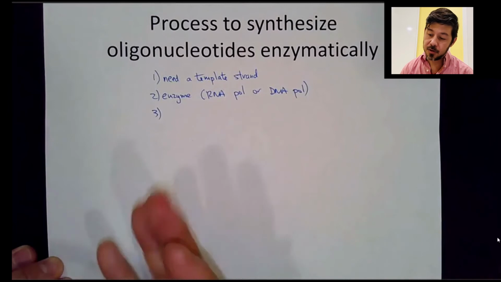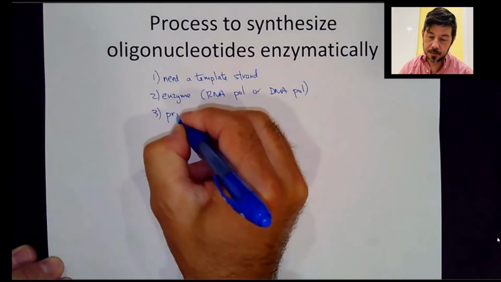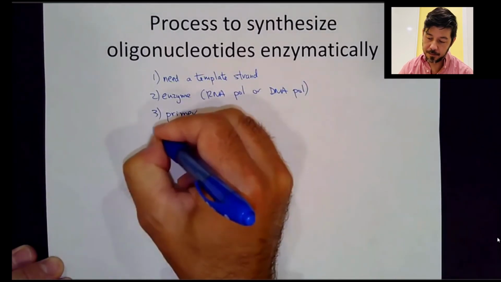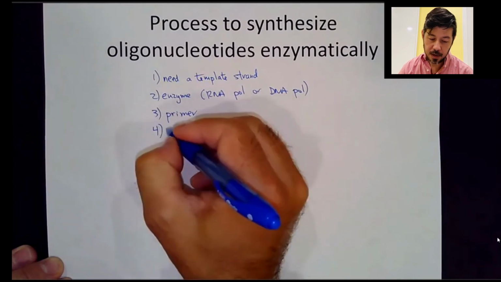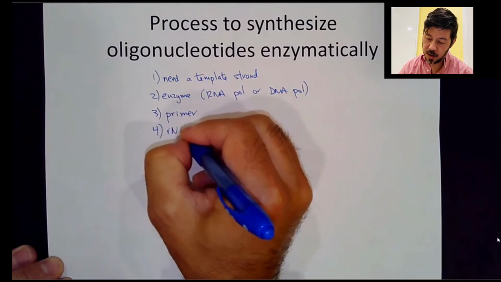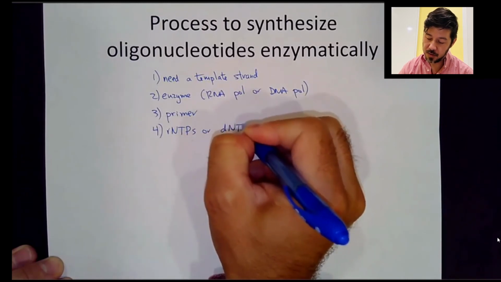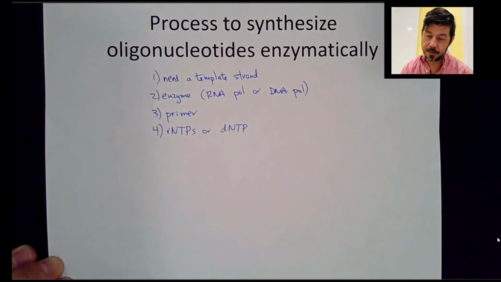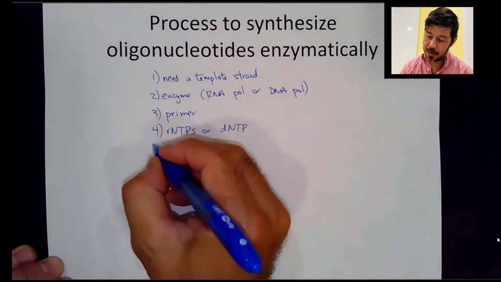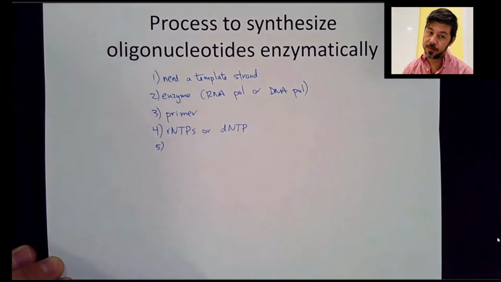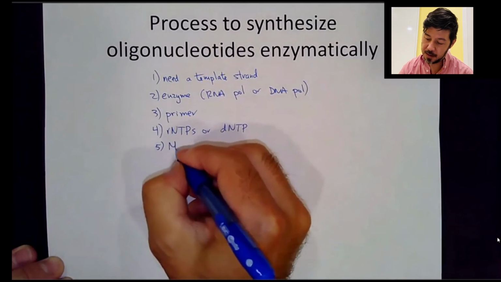To initiate this reaction, you need a short primer. You need obviously ribonucleotide triphosphates or deoxyribonucleoside triphosphates. And then lastly, which is also really important as we've talked about, is the impact that magnesium has.